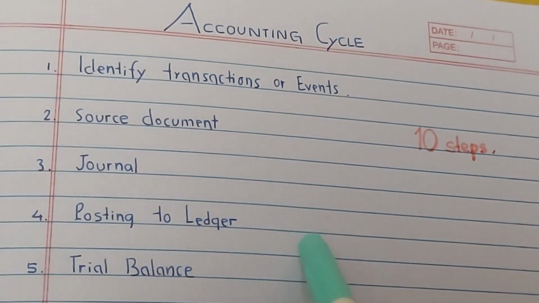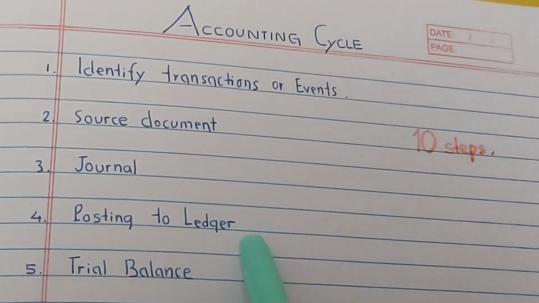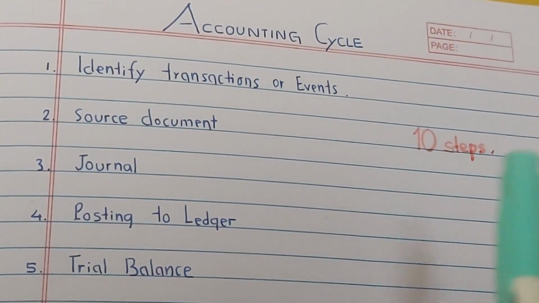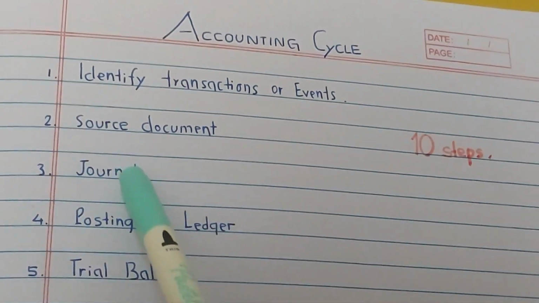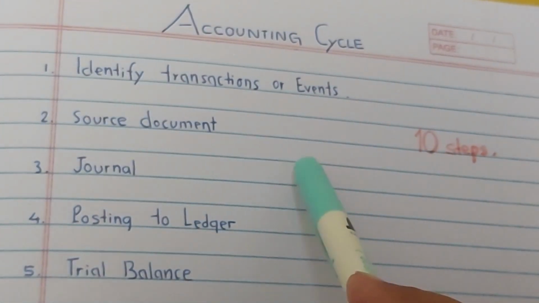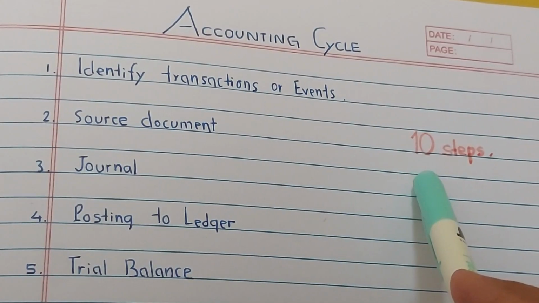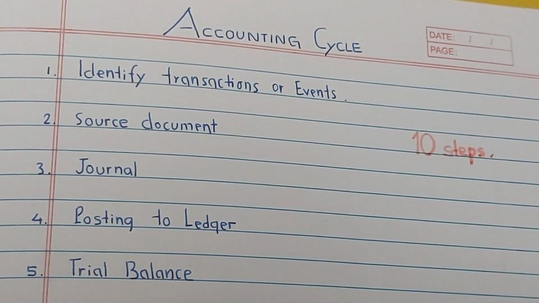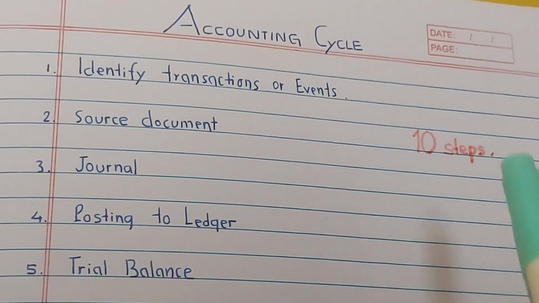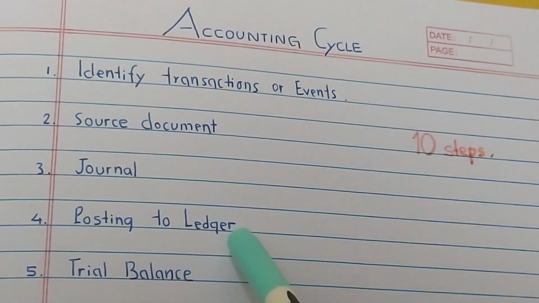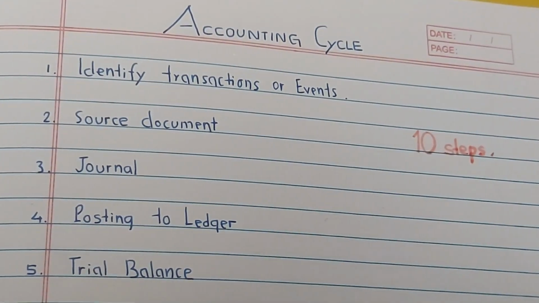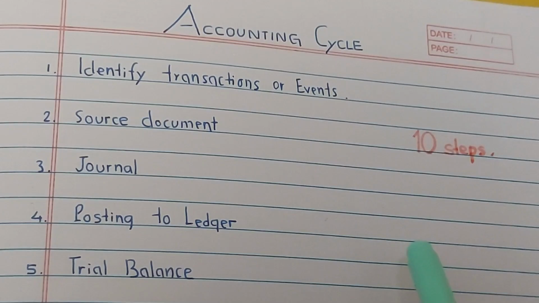So the next step is posting to ledger. A journal entry has two parts, that is debit and credit. All the entries have to be recorded in the journal. The entry recorded in the journal has to be posted in the ledger, which is called the general ledger.